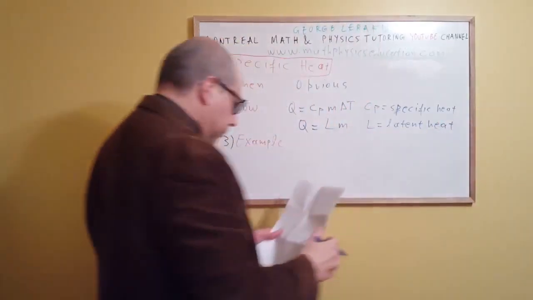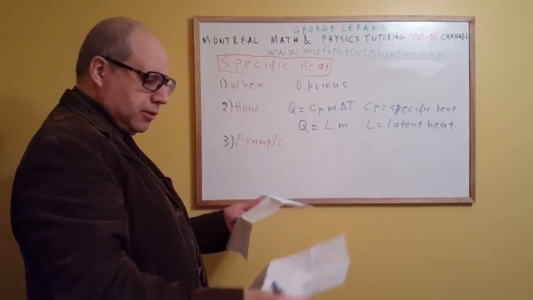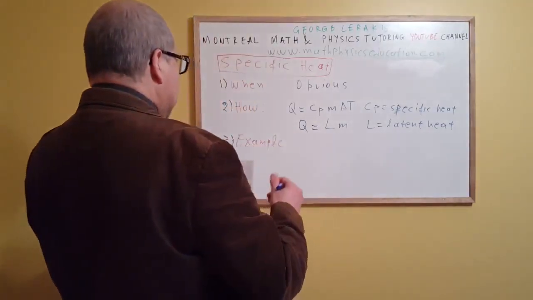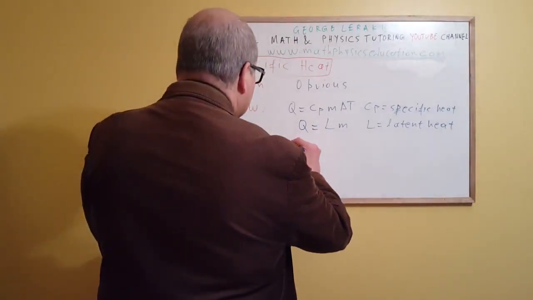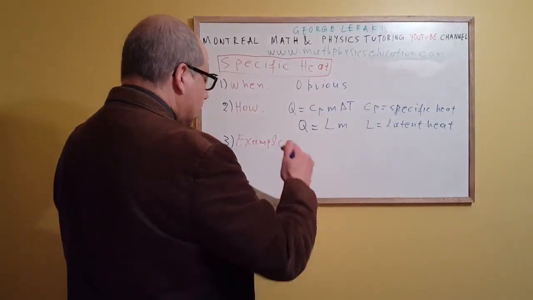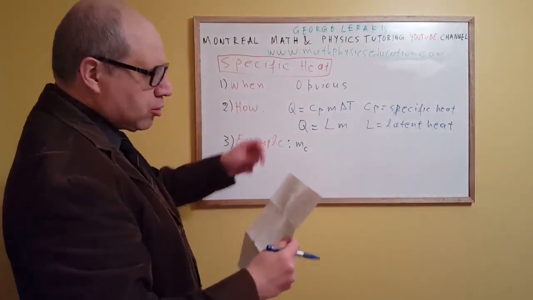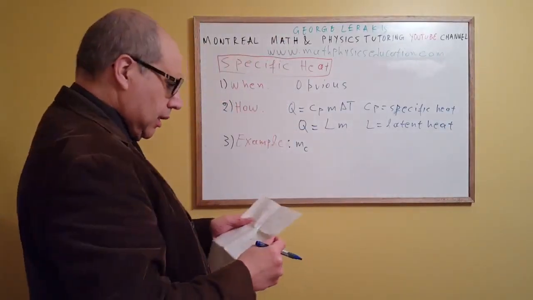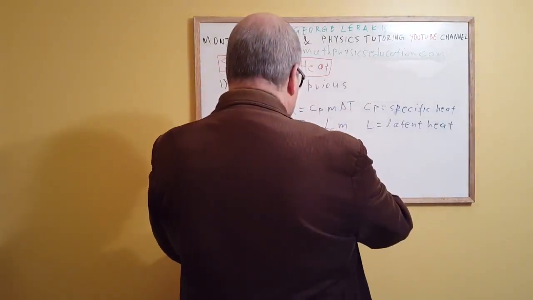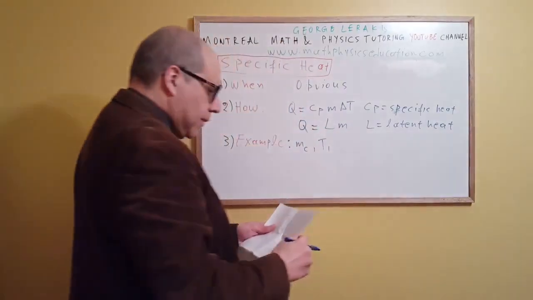Now we can go and do an example. The example here is that we have a mass Mc, which is the mass of a piece of copper, at some temperature T1.